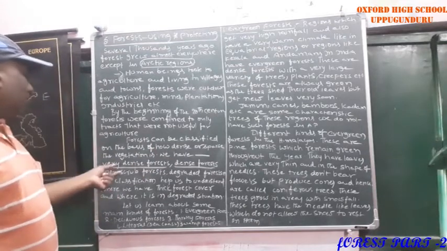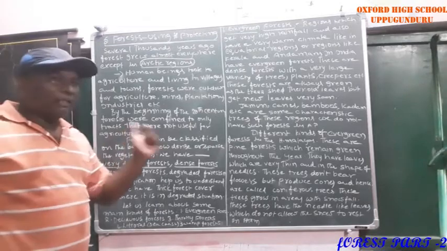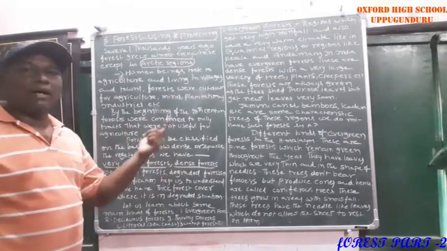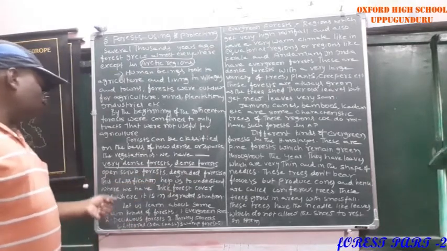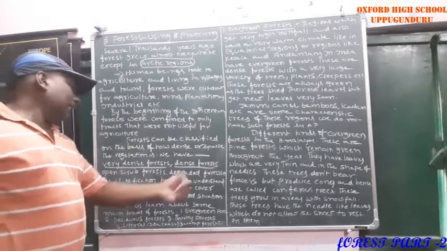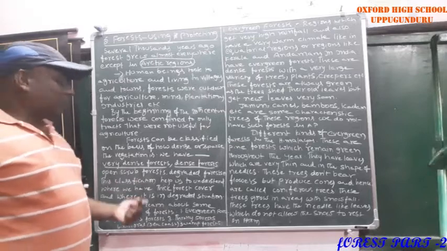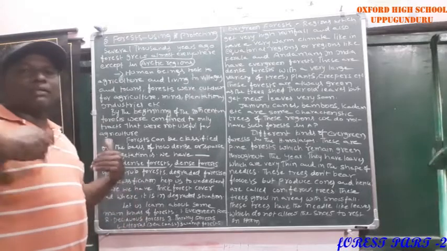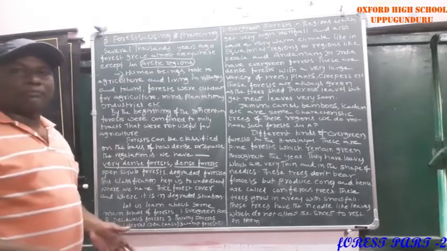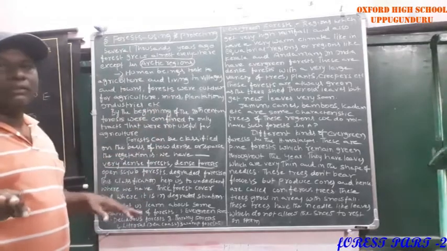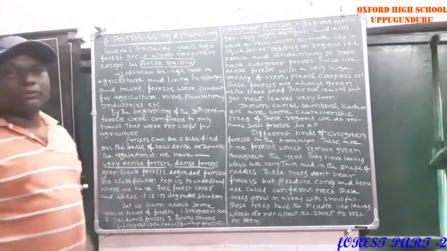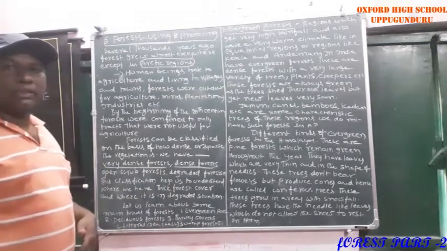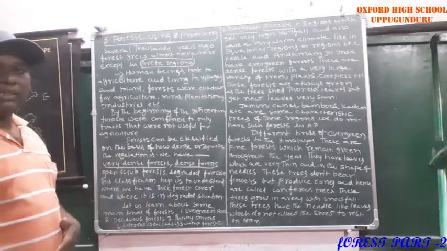Generally, forests are classified as very dense forest, dense forest, open scrub forest, and degraded forest. Very dense forest means trees are growing everywhere, side by side, so people are unable to go inside that forest area.